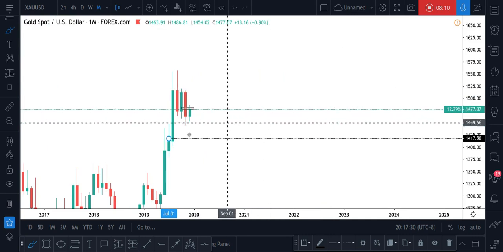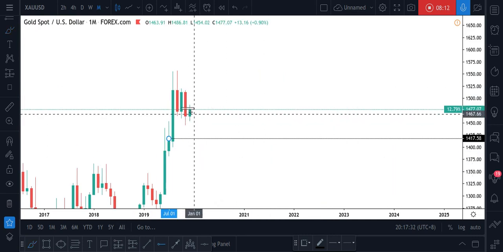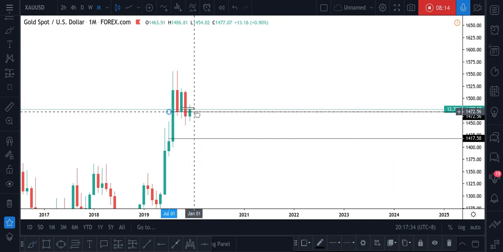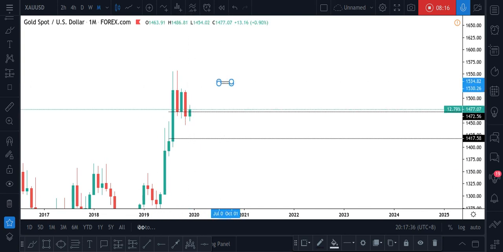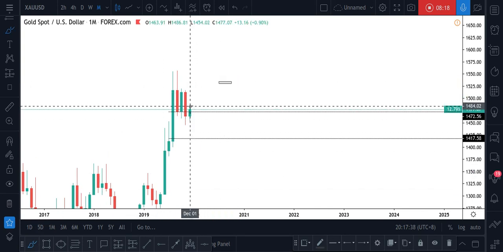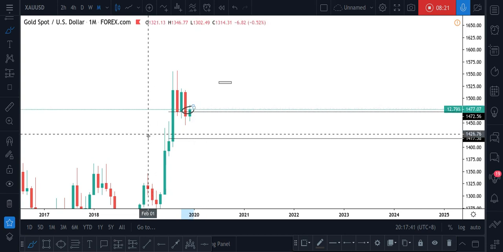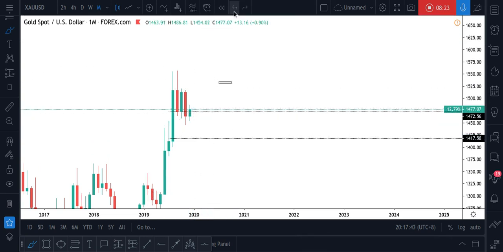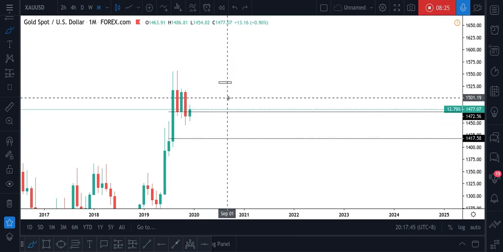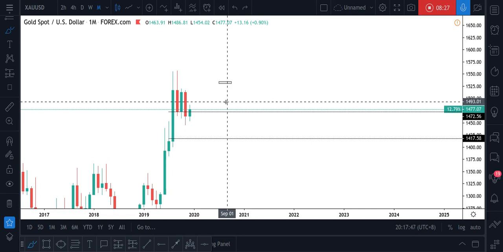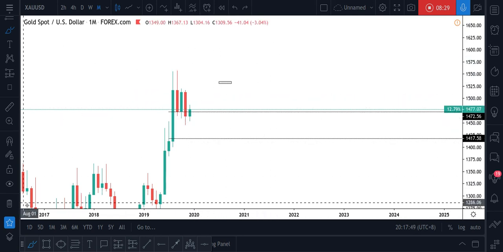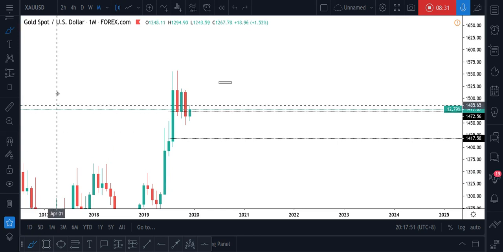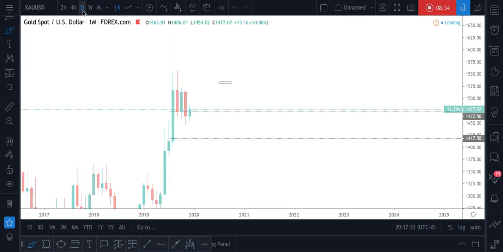If you have a look at this over here, you can see that the market is now trading above this level, above last month's low. So we still have a lot of days in this market in order for us to get a good entry on gold, and this is what I expect from gold on the monthly time frame and also on the weekly time frame.